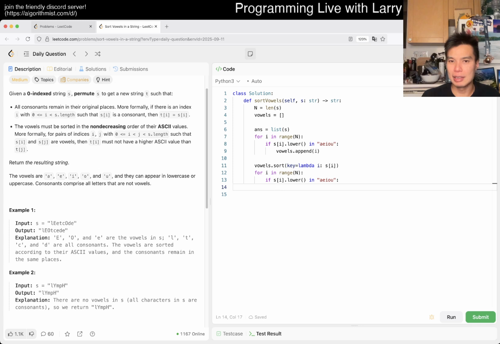Then answer sub. Oh, I guess here. Oh, actually, the way that I did this is a little funky, isn't it? Because now we're saying that this is the first index that this is around. So maybe the way I did this is very funky, honestly.